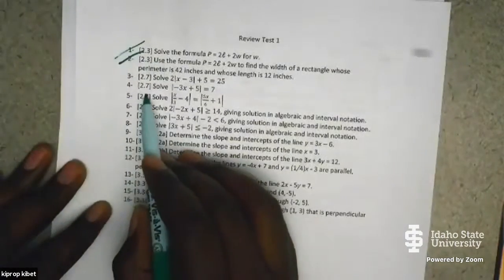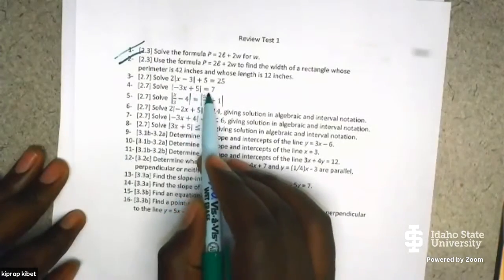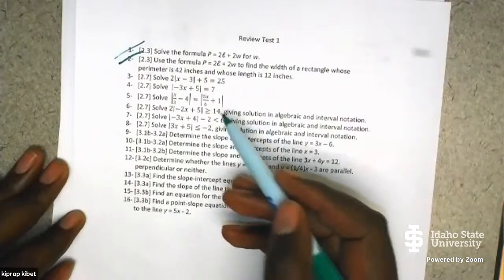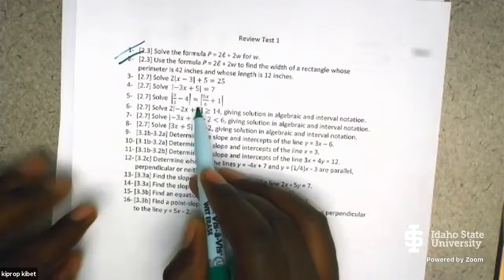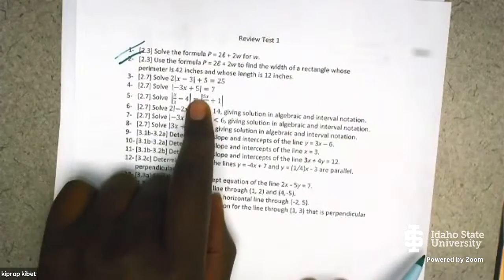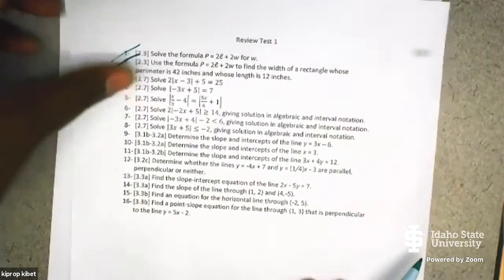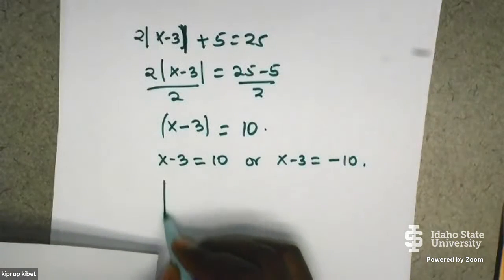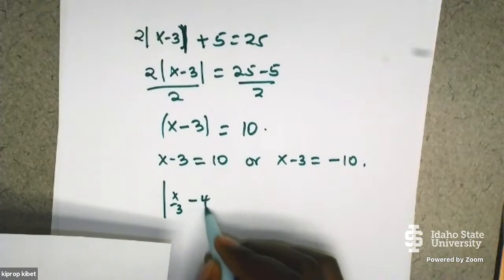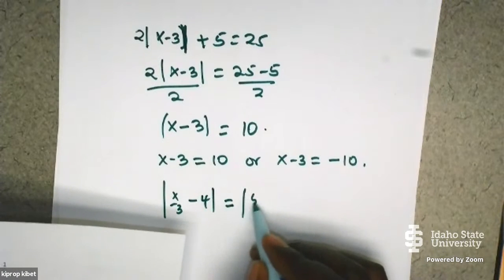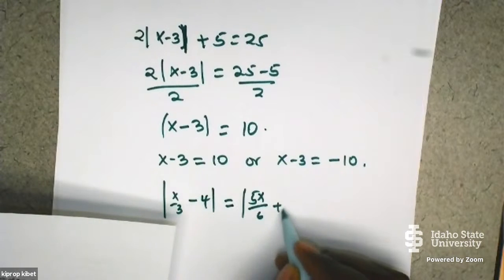Okay. Again, number 4 is just similar. So you just change that sign there. Then number 5 is the same thing. You can use one of them. So number 5, you can just say we have the absolute value of x over 3 minus 4 equals 5x all over 6 plus 1.